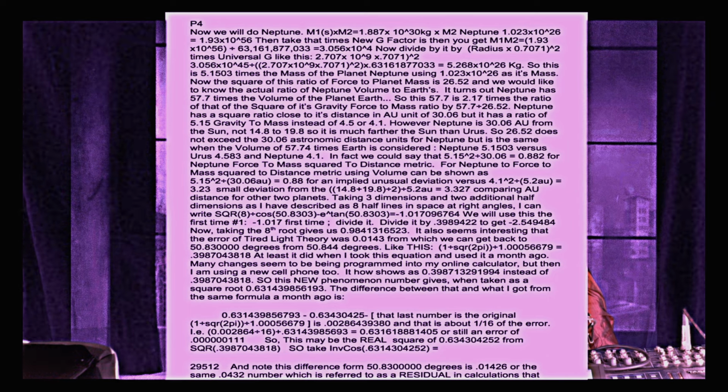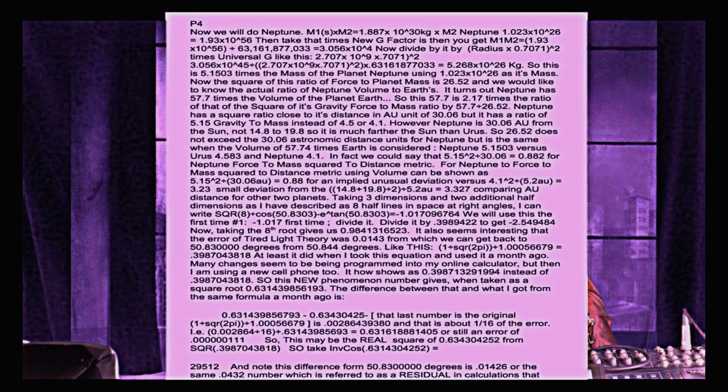In fact, we could say that 5.15 squared divided by 30.06 equals 0.882 for Neptune force to mass squared to distance. The Neptune force to mass squared to distance ratio using volume can be shown as 5.15 squared divided by 30.06 AU equals 0.88.